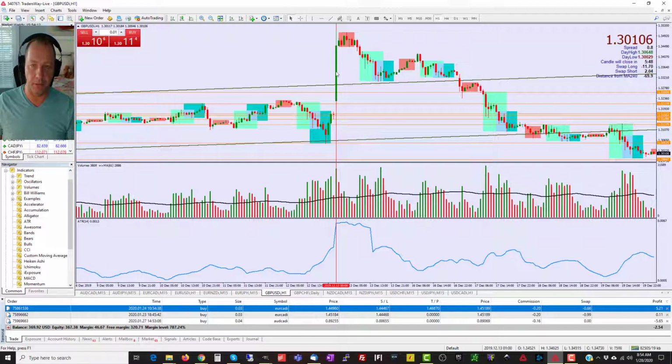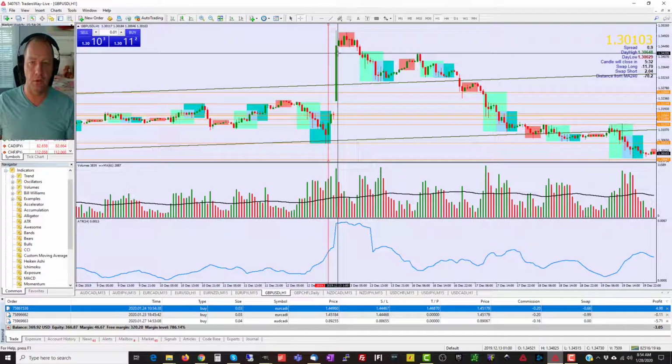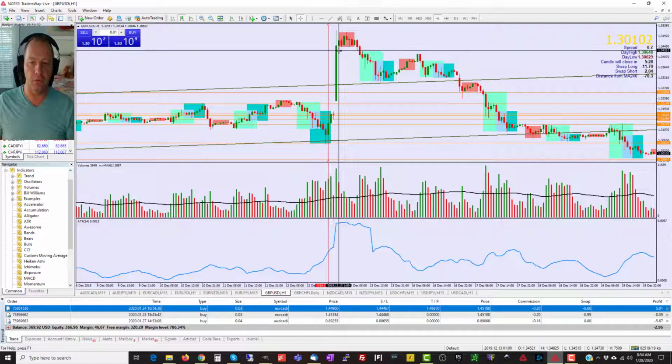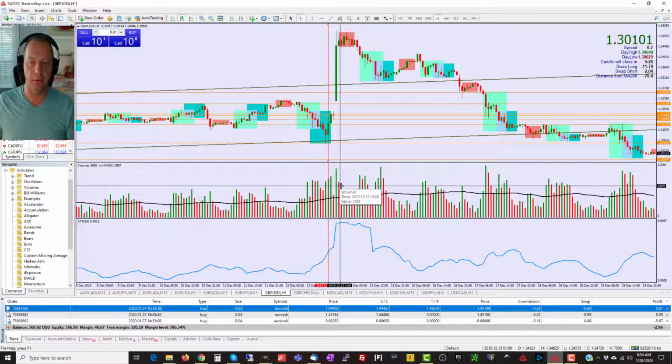So we had a big move up, big wick here. I'm going to move this for a second. You see the wick up here? So he tried to push up, but he couldn't, and the price closed, starting to close lower, meaning weakness in the move up. Look at the next candle, the weakness in the bullish move, right?